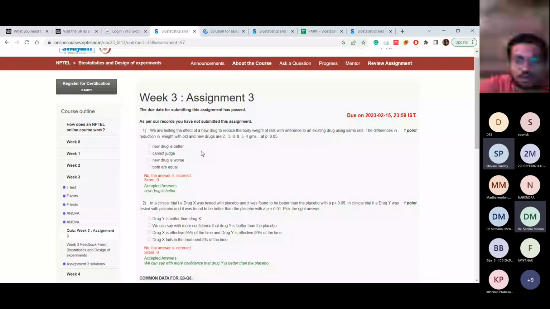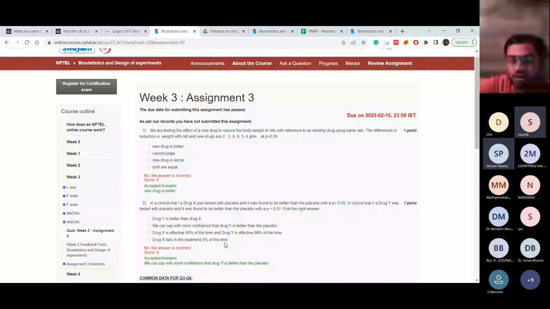So I don't know why the answer sheet is saying that new drug is better. I also have the same problem. Could you repeat that part? I could not understand. Sir, in the last session, what did he say? Yeah, in the last session when sir was assisting us, he said the P value given in the question doesn't have any effect on the drug.